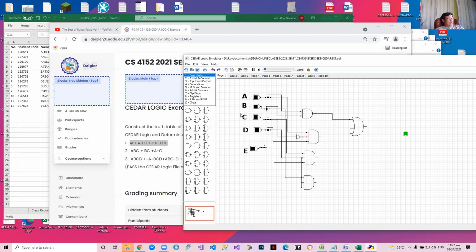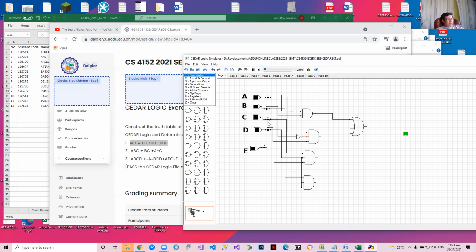First, we have an A. This is an AB. Then we have a not C D. We have A, not C. This is a not C. And a D. Okay. And then we'll have a CDE.